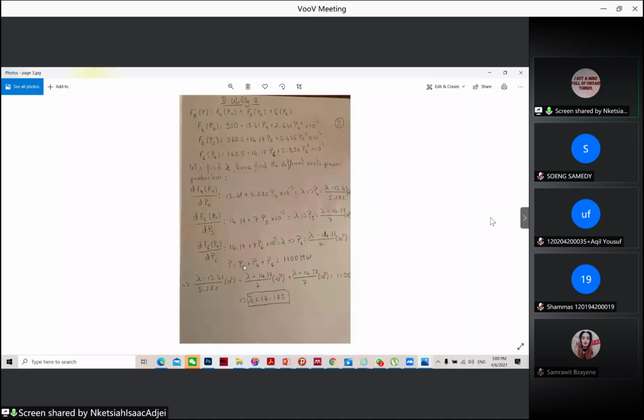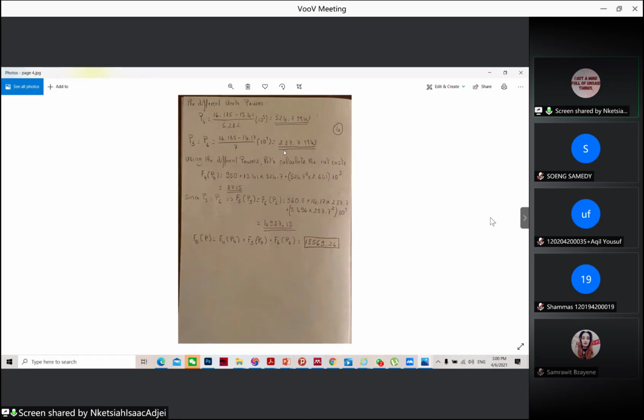So in all, we have to add the utility for P4, P5, and P6, which is a sum of 1,100. We are operating at 1,100 megawatts. So then we have to find our lambda. By calculation, as you can see on my screen, it gives us 16.185 as our lambda. Then we also have to find their individual powers.